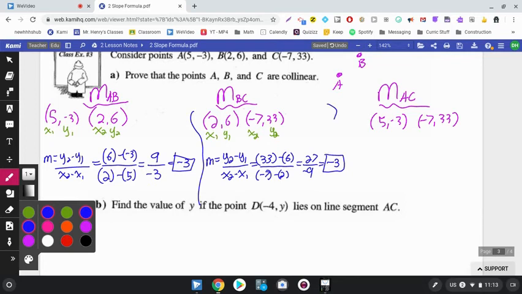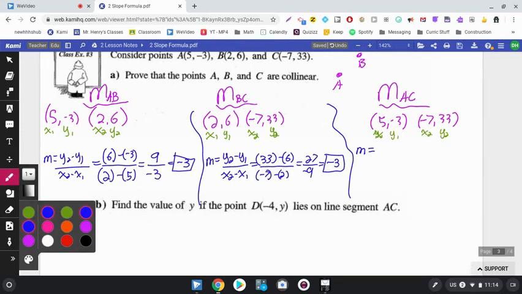All right. So I'm thinking, hey, the first two have the same slope. If this big slope at the end has the same slope, I know these points are collinear. Okay, so I'm going to start. I need to label my points. First one, x1, y1. Next one, x2, y2. So I relabel.